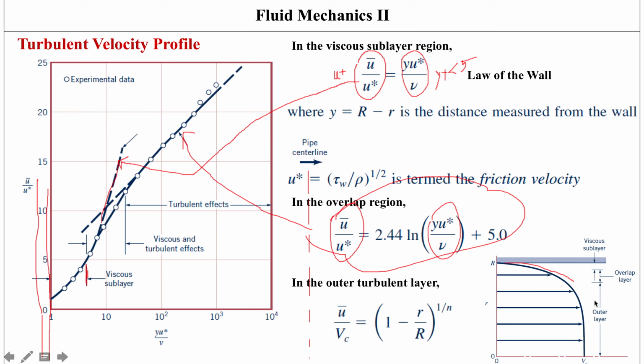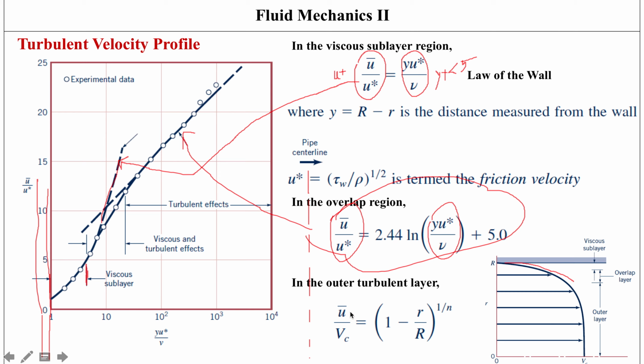Over here, this value of n is dependent on the Reynolds number, and if n is 7 or higher, then that is a reasonable approximation that you can use for many practical turbulent flows. This is the power law velocity profile correlation.